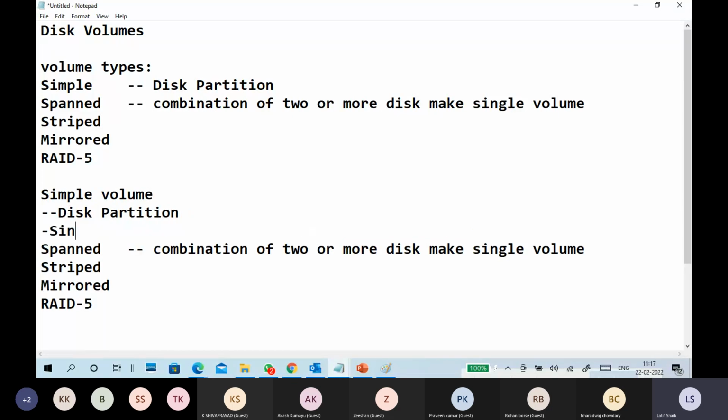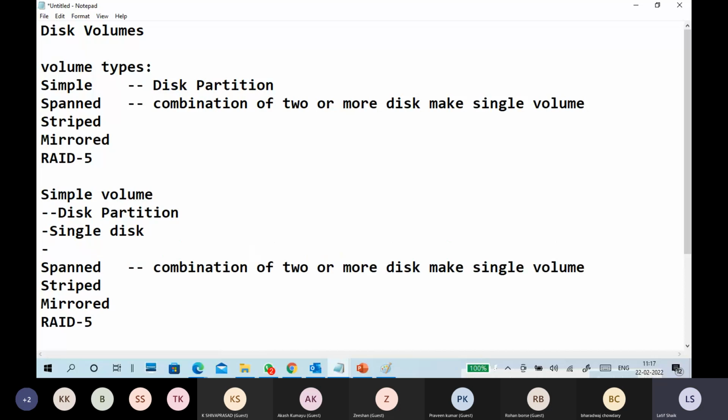It is nothing but a single disk, not multiple disks. In a single disk we create partitions.